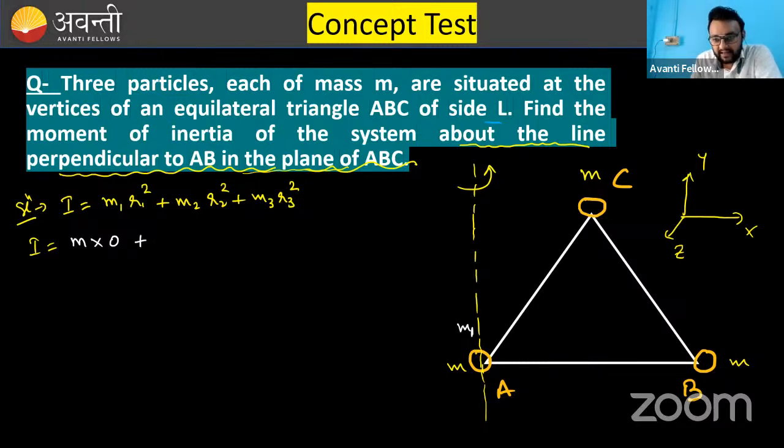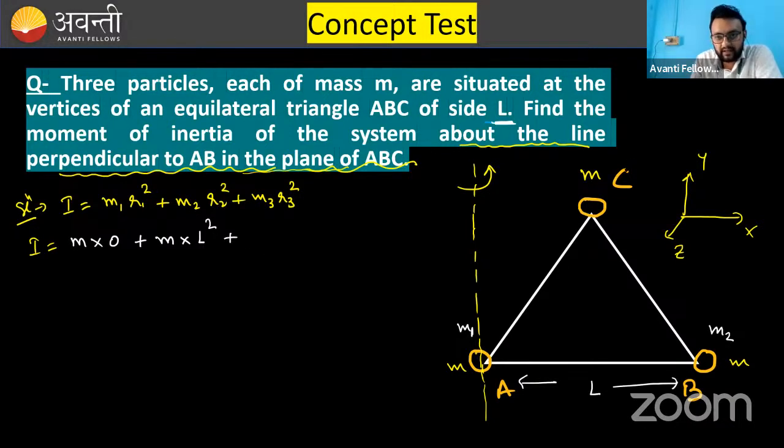Plus the second mass I am taking is this one, that is m, into the perpendicular distance. The perpendicular distance, the side of the triangle, is L. So this distance is the perpendicular distance from the axis. This is L square.